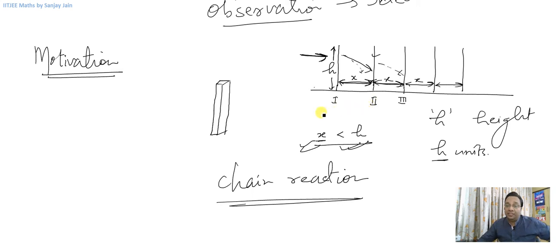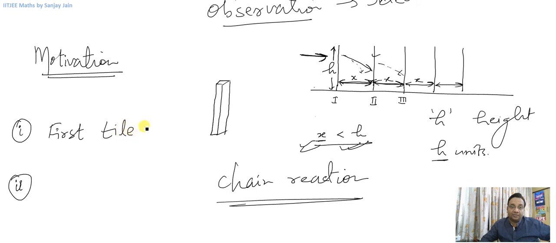So for this chain reaction to happen, there were two things that were very important. Now what were the two most important things for this chain reaction to happen? The first thing was that the first tile falls. This was the most prerequisite condition, that this first tile should fall.